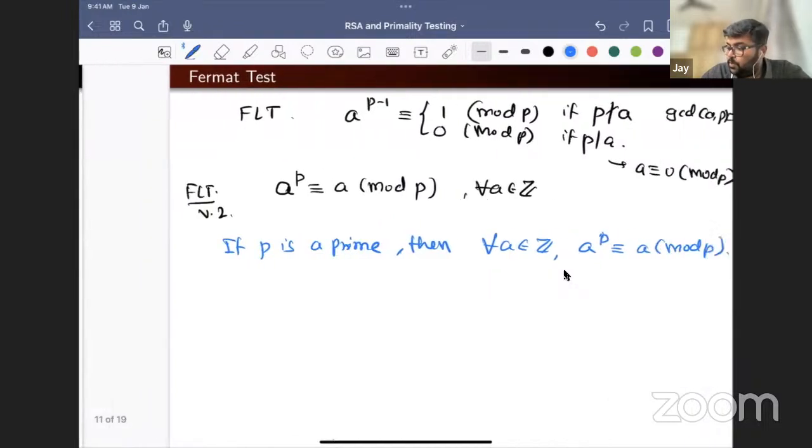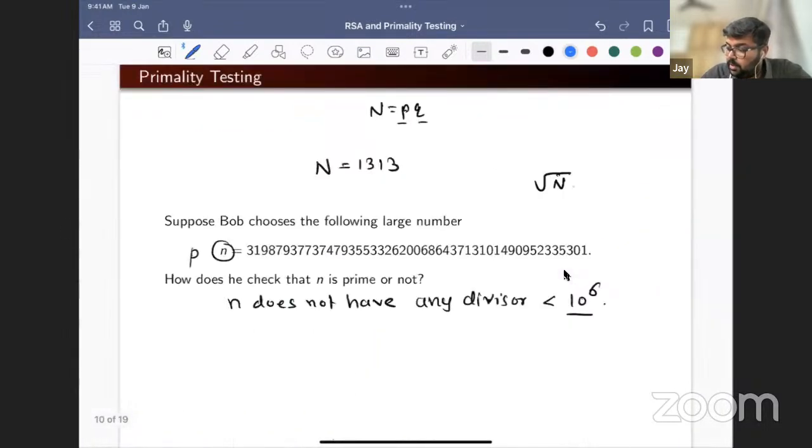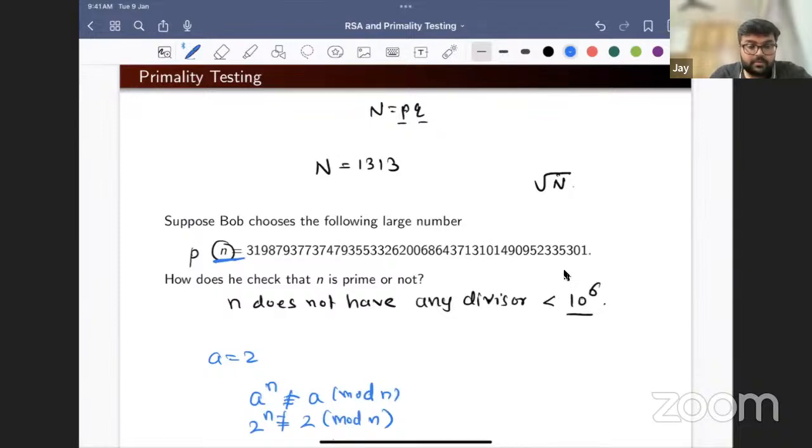Okay, so what will Bob do? Here Bob has this number n. So Bob will choose a equals 2, and Bob will compute a power n. And if 2 power n is not congruent to 2 mod n, then, powering is easy, right?